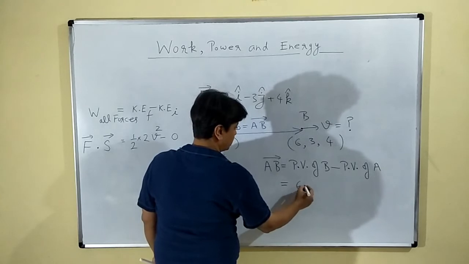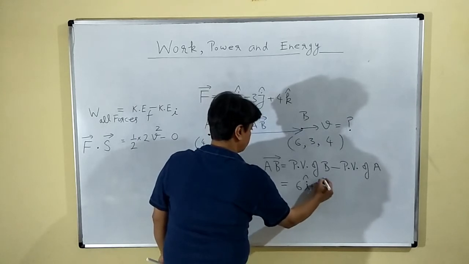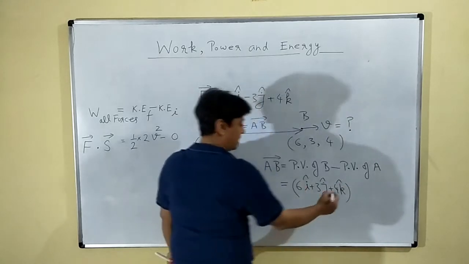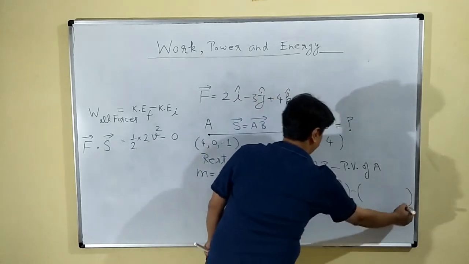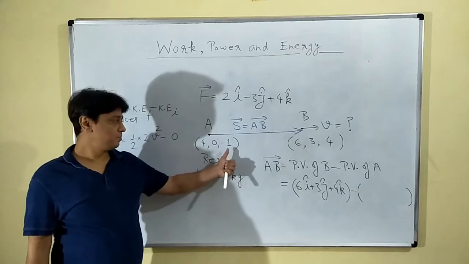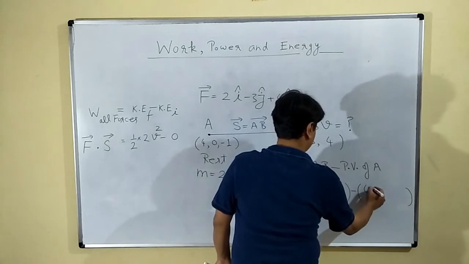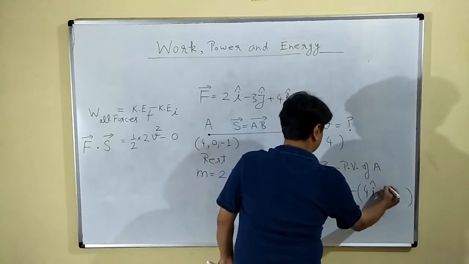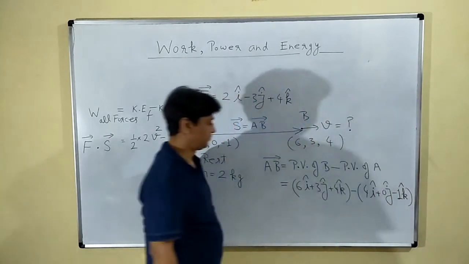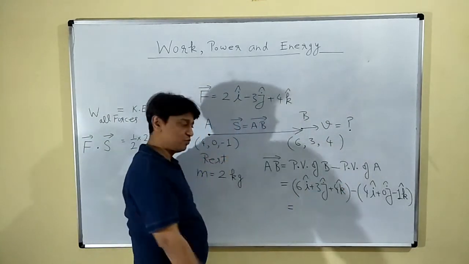And therefore position vector is 6i cap, 3j cap, 4k cap, minus position vector of A. A is 4i cap, 0j cap, minus 1k cap. Now how do you subtract? I with I, j with j and k with k.